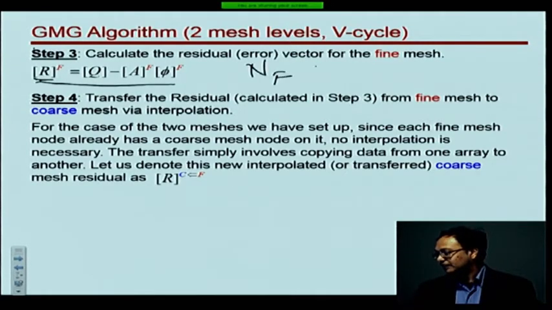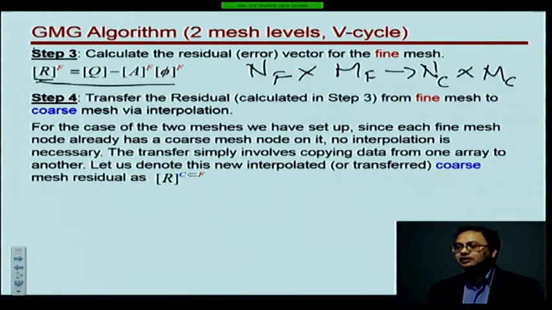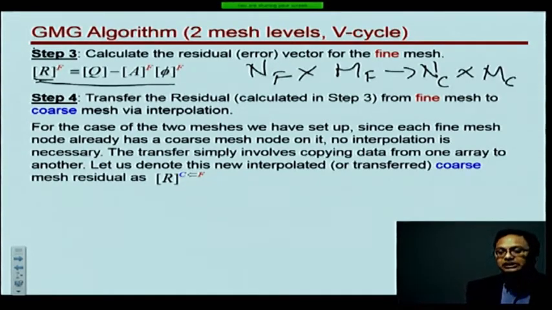You're just simply transferring that to another one, which is NC times MC, only the fine mesh points that sit atop the coarse mesh points. That's all we are doing.